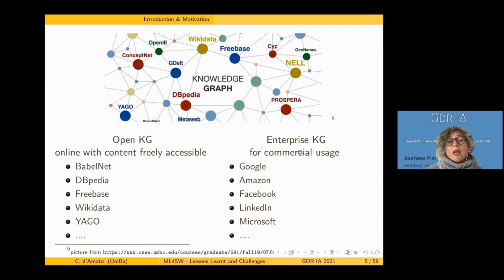Nowadays, we are facing the era of the knowledge graphs, and indeed we can find several existing knowledge graphs actually available, both as open knowledge graphs, that means with content freely available, and we can cite, just for making a few examples, BabelNet, DBpedia, Freebase, Wikipedia, or YAGO, but we can also find several examples of enterprise knowledge graphs that have been developed for commercial usage by industrial giants.